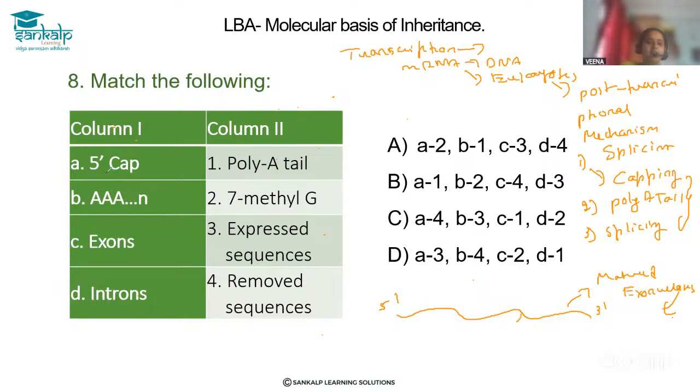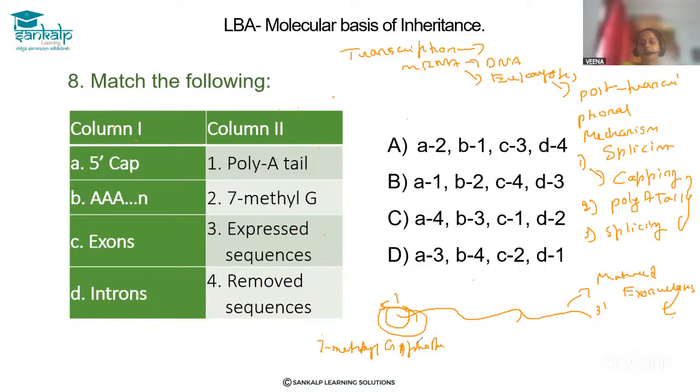Here they have given 5 prime cap. That means to the 5 prime end, 7 methyl guanosine triphosphate groups are added.